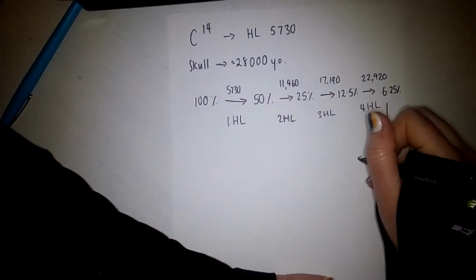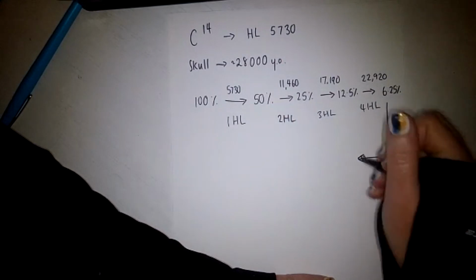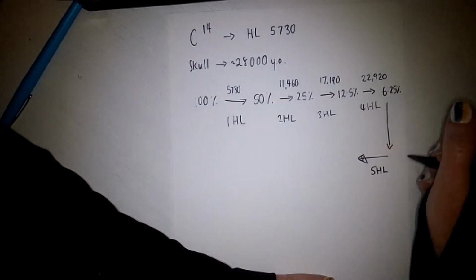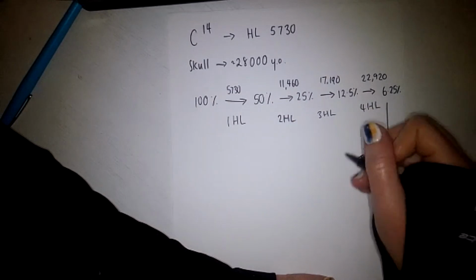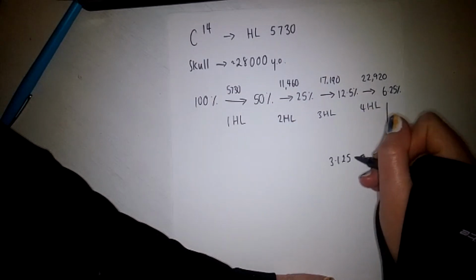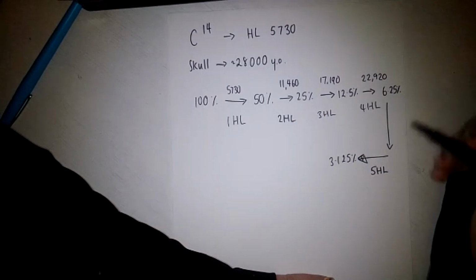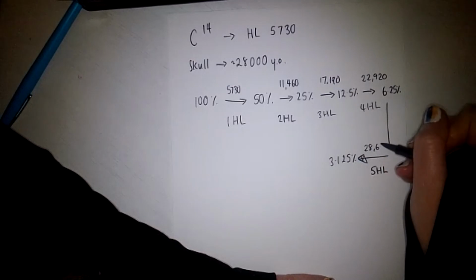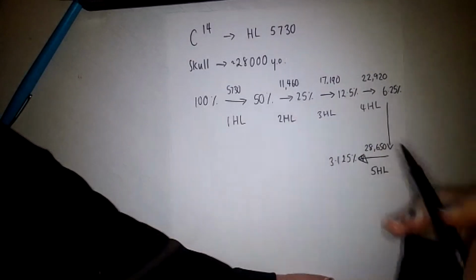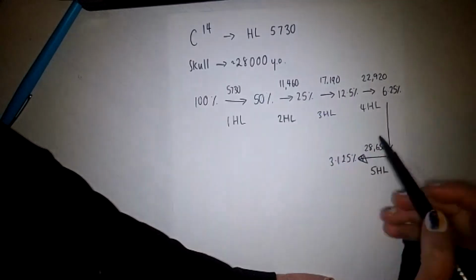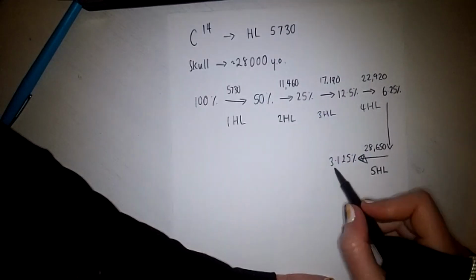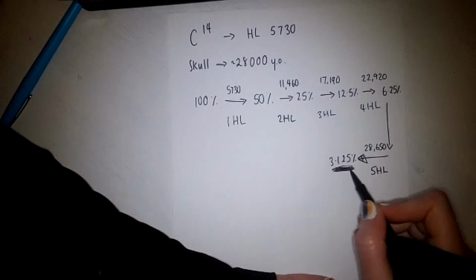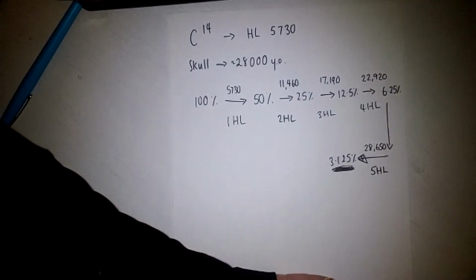That is our fifth half-life, and we are going to 3.125%. And this time it's 28,650 years. So now we've hit that target. It was approximately 28,000 years old, and we've hit 28,650. So this is the proportion that's left. That is the activity that it's reduced down to: 3.125% of its activity.